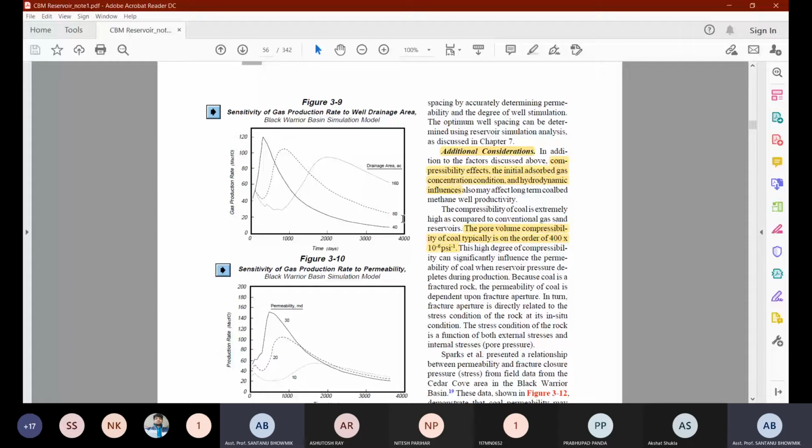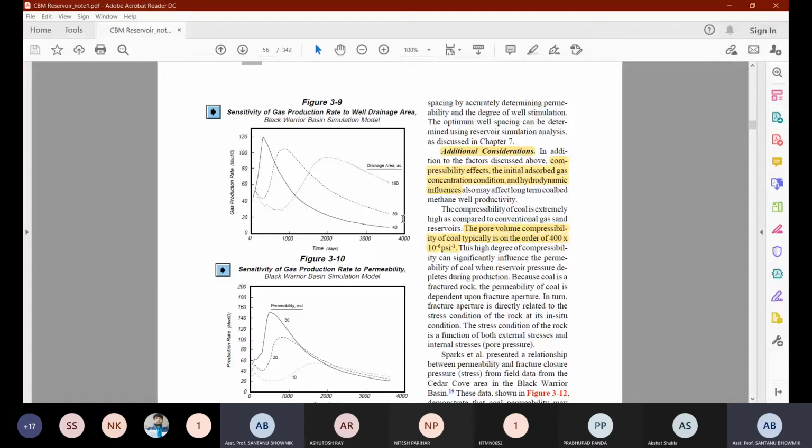whereas you may be confused about the fact that the peak is somewhat reduced when the drainage area increases. Why? Again, this is related to the comparison of gas production and water production, and so the relative permeability also comes into play.